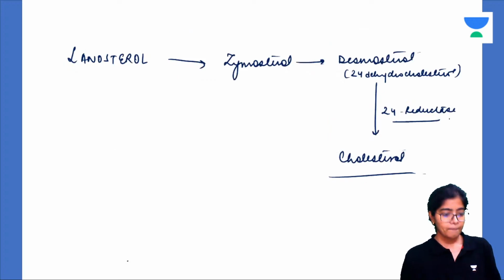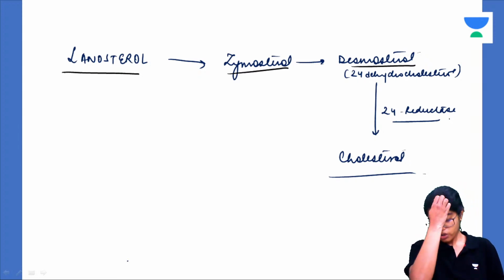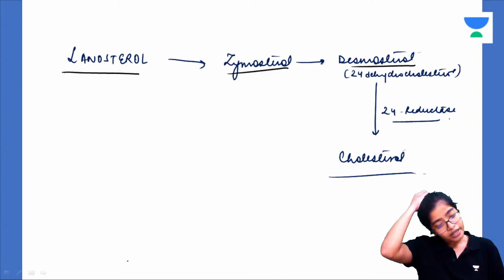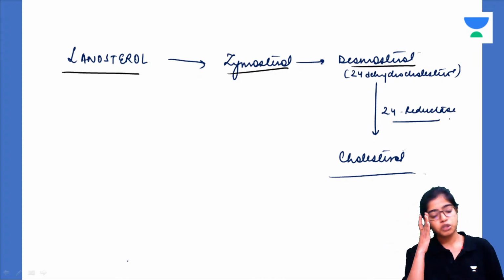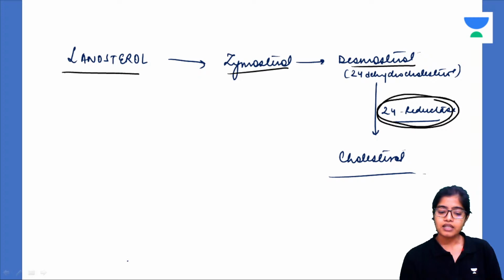Okay. What is the fifth step? Lanosterol will form intermediates that are zymosterol and desmosterol. Desmosterol is 24-dehydrocholesterol. Then the delta 24 reductase enzyme will come in to reduce this into cholesterol.